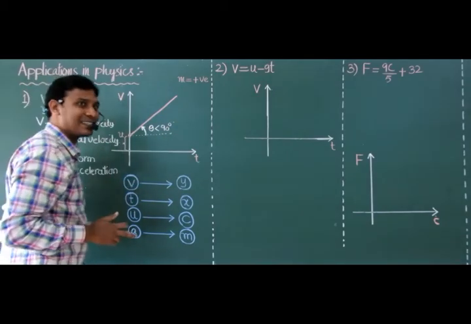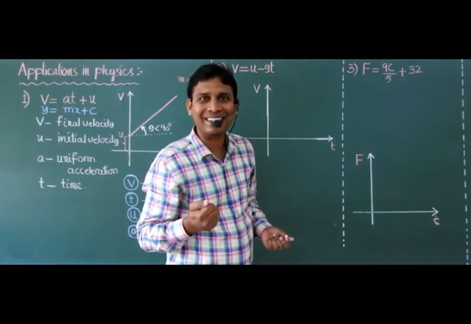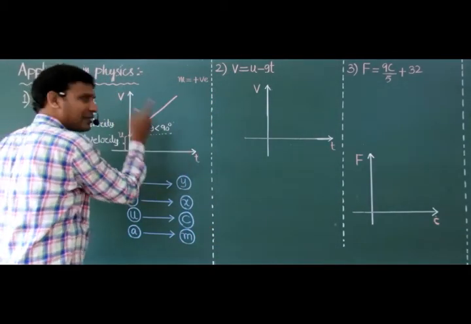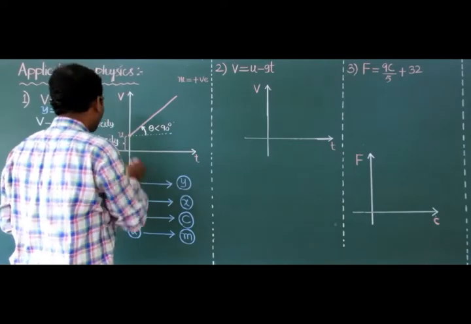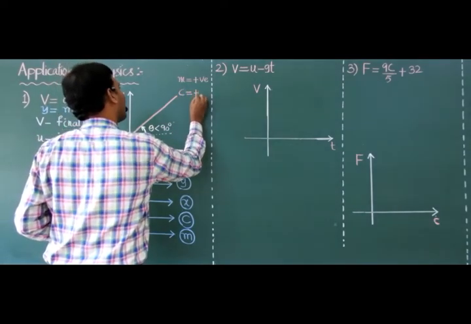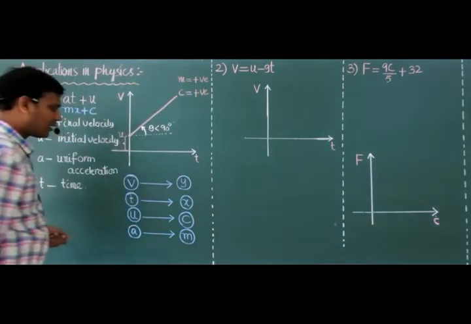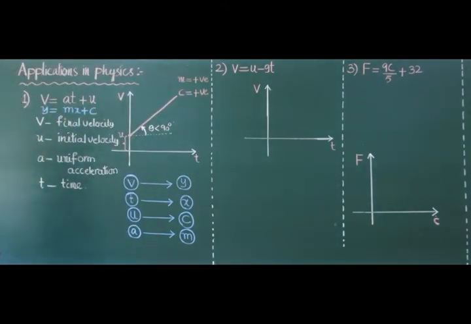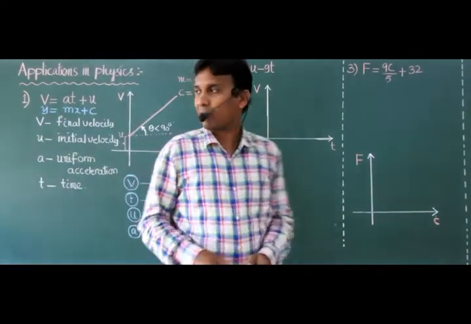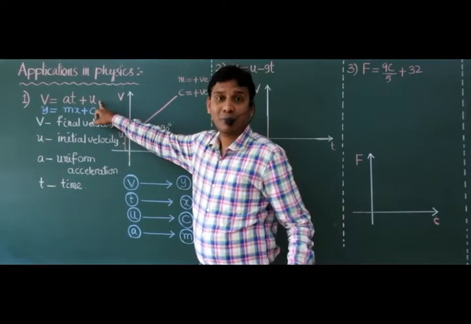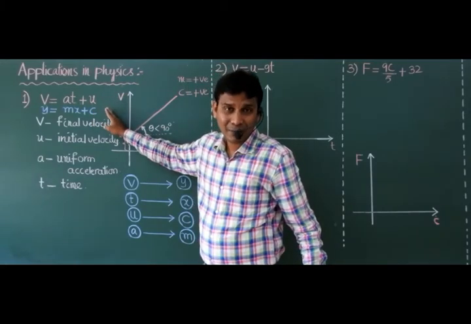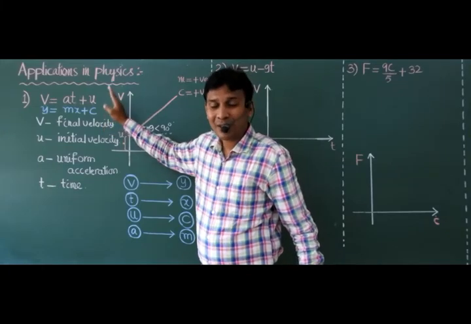Velocity by time, which gives what? Acceleration. Clear? Right. Intercept is also positive. Any doubt? No. Right. So this is the first equation of motion. If you have any doubt, please write it down. This equation we will discuss in the second chapter in first PUC, motion in a straight line.